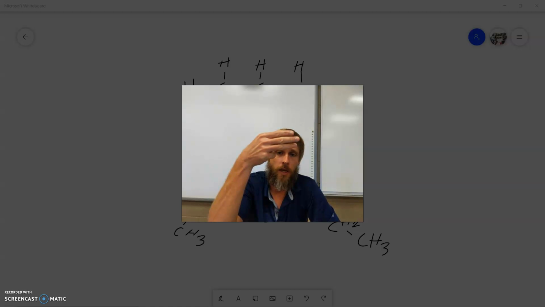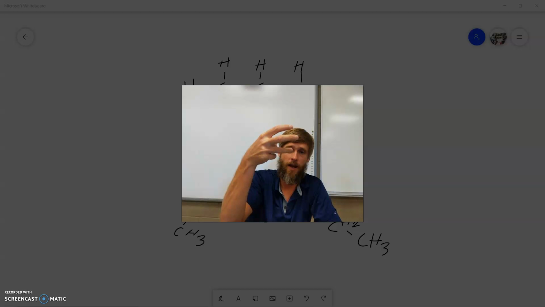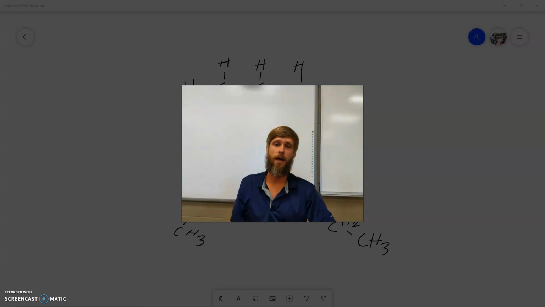And now, once we introduced double bonds, what happened then? Our fatty acid tails bent. So here is your unsaturated fat. Saturated, unsaturated. So if you think about it, solid versus liquid, why is a saturated fat a solid at room temp?